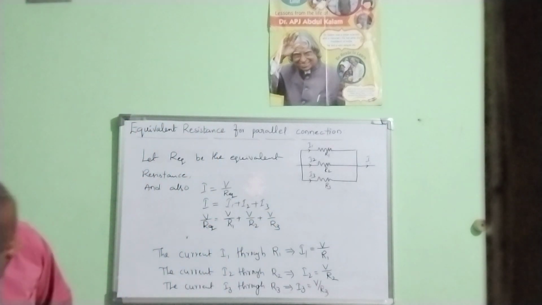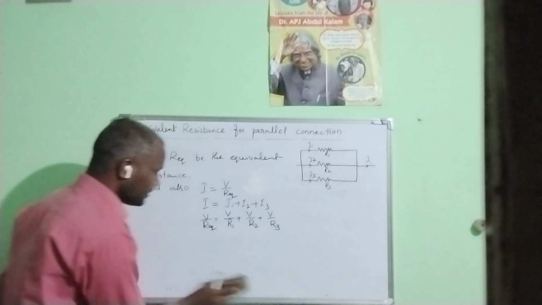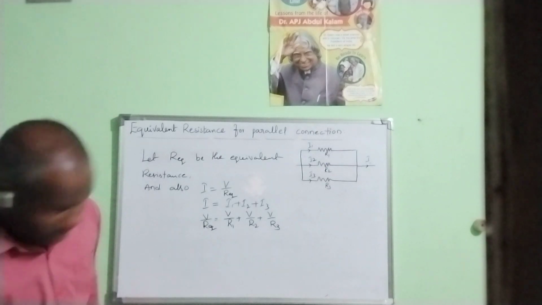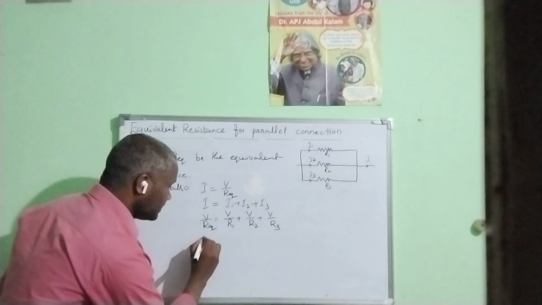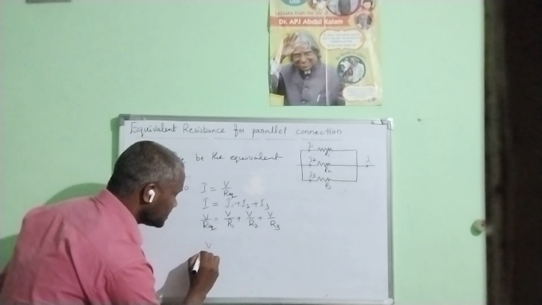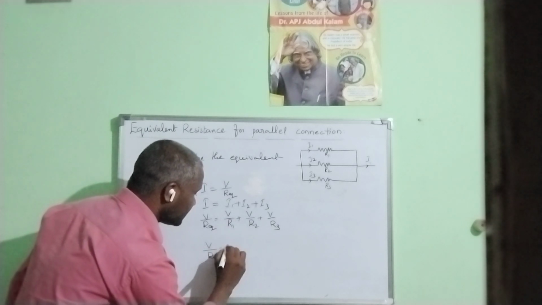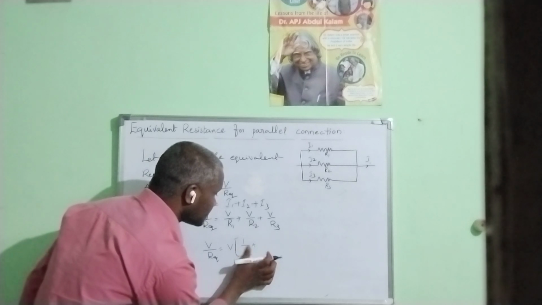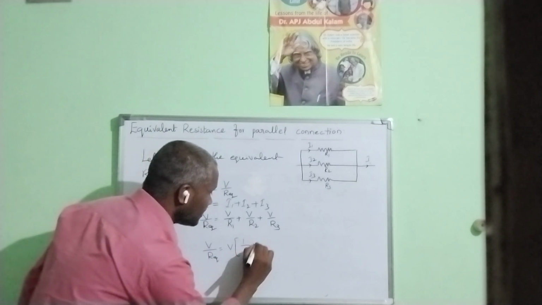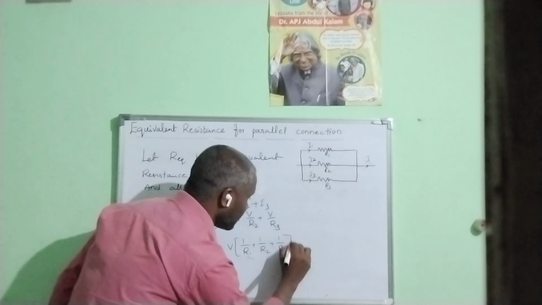By substituting the current I1, I2 and I3 values in this equation, on the left hand side and right hand side V is common, that is the potential difference. On the right side we take V common: 1 by R1 plus 1 by R2 plus 1 by R3.